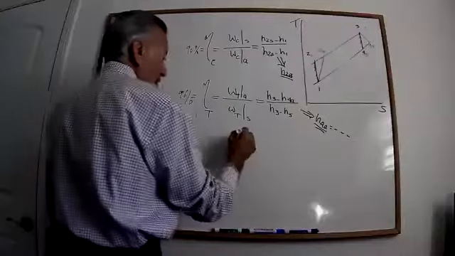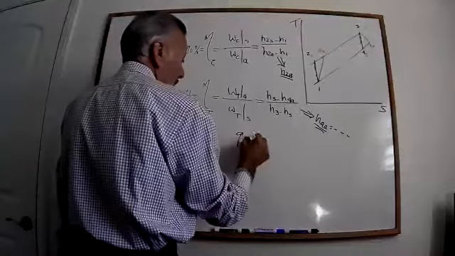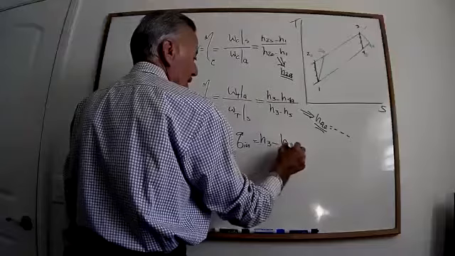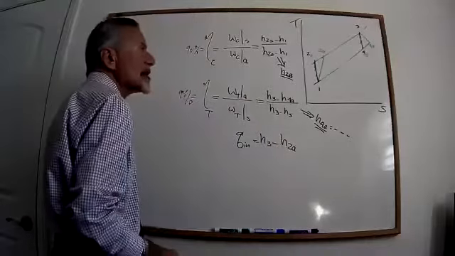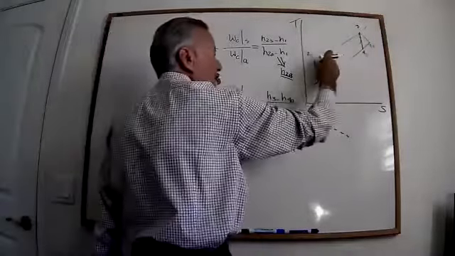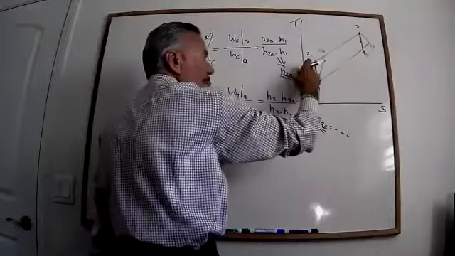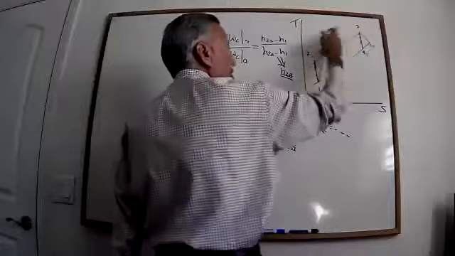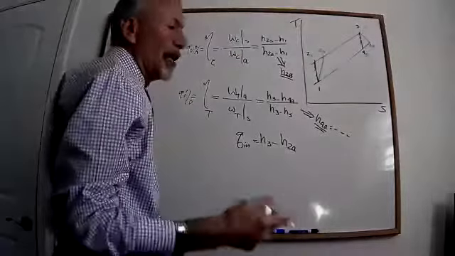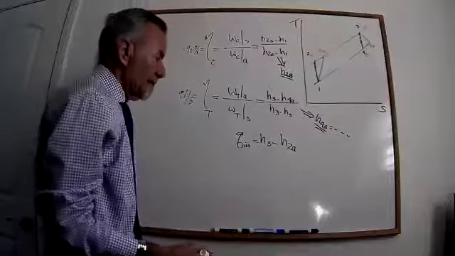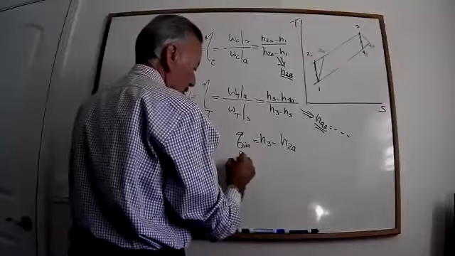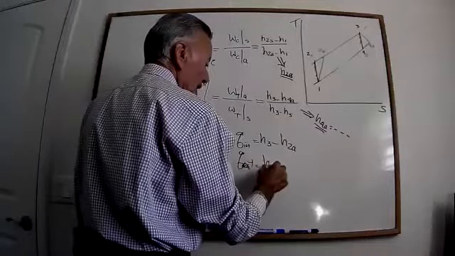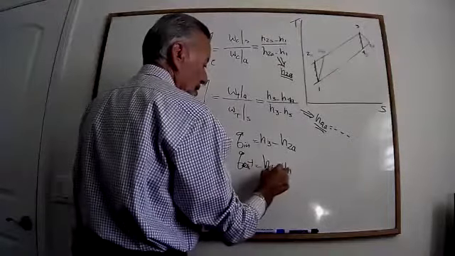Now you remember that Q in is H3 minus H2A this time. H3 minus H2A, not H2S. Before, when we were 100% efficient, we said H3 minus H2. There was no S, there was no A. Q out becomes H4A minus H1.